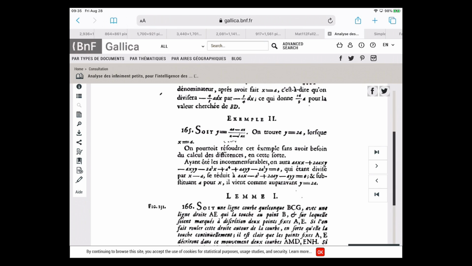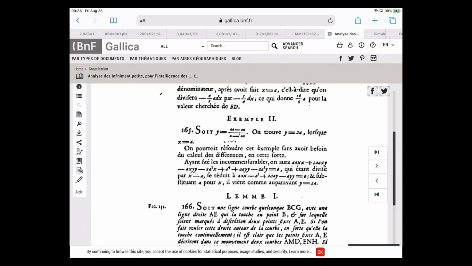Anyway, me being a historian type and this being a liberal arts college, I really want to make sure that we get a little bit of history. You don't have to read French to appreciate this, but here it is.